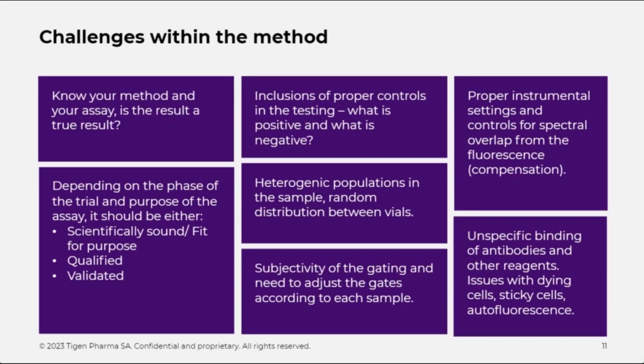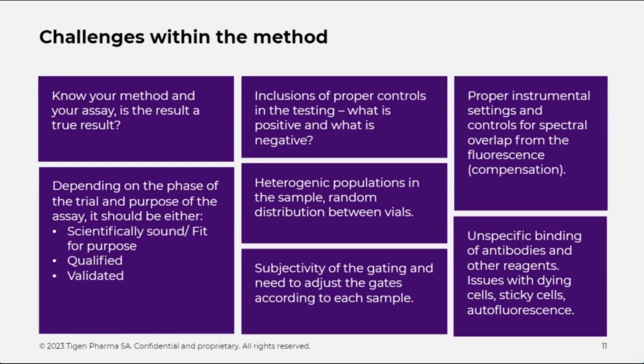Depending on the phase of the trial that you are having and the purpose of the assay, whether it's a release assay or a characterization assay, there are different requirements on what you need to do. For characterization, you might need to have it scientifically sound, or fit for purpose, as it's also called.